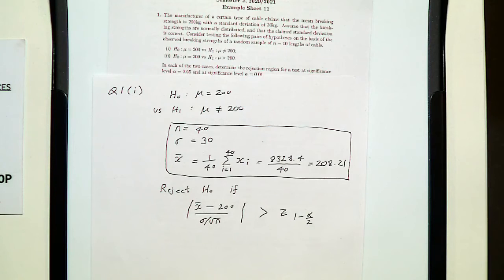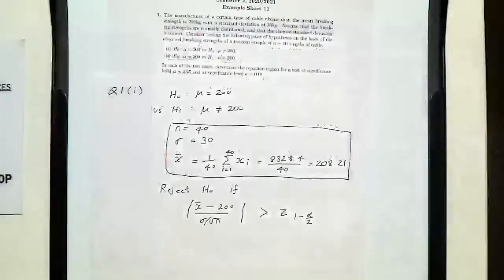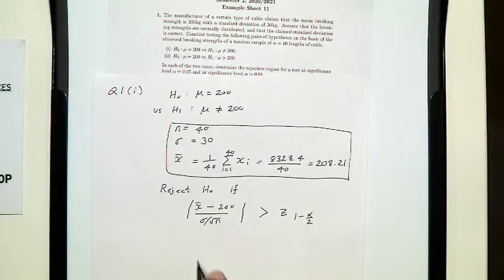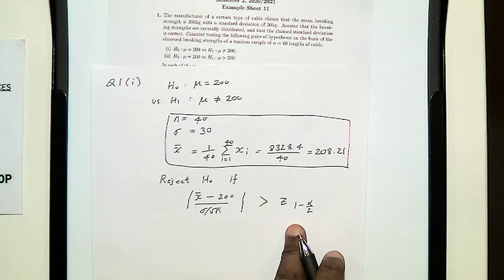Do you guys remember this rule? This is the rule that I just copied. So let's go back to this. What I'm going to do now is work out the left hand side and the right hand side and see if this inequality is satisfied or not.